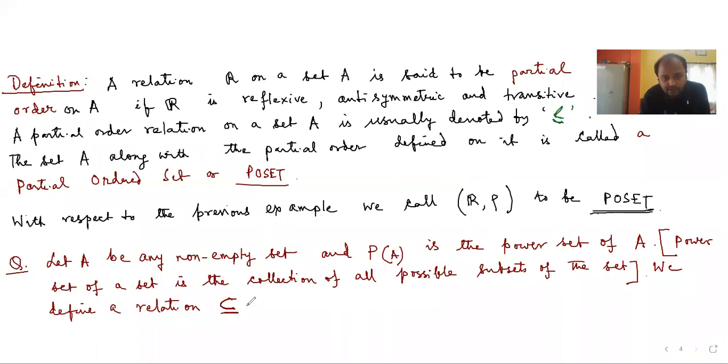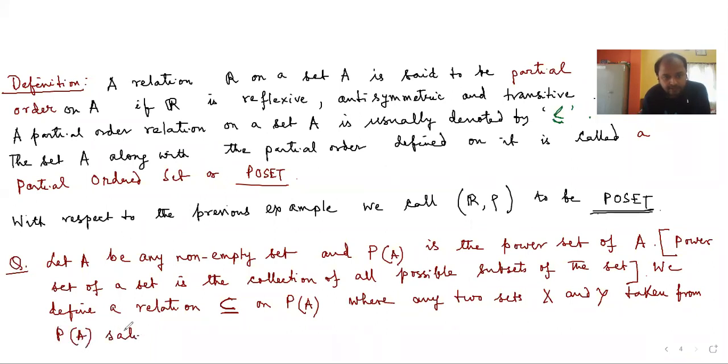We define this relation on PA, the power set of A, where any two sets X and Y taken from PA satisfy one of the following: either X is a subset of Y or X is not a subset of Y. Okay.